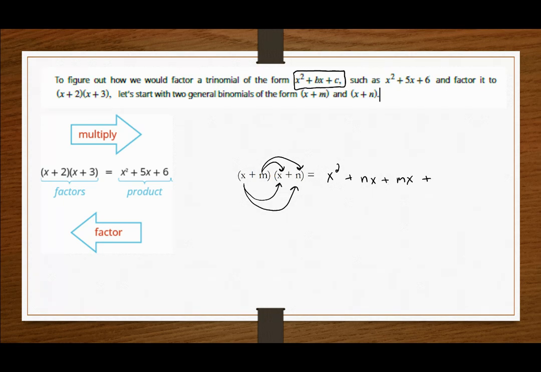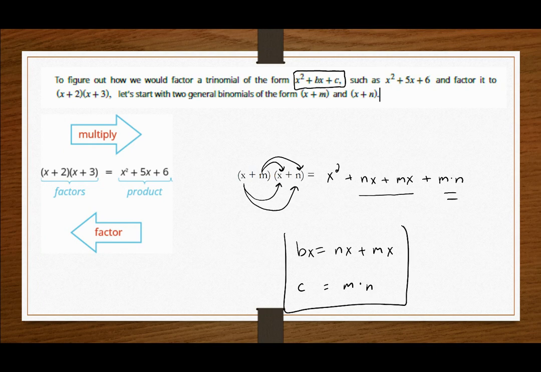And the last two terms multiply together to give me some numeric value, m times n. In other words, the two middle terms here, nx and mx, actually should add together. So b times x should be the same as nx plus mx. The constant at the end should be equal to whatever m times n should be.